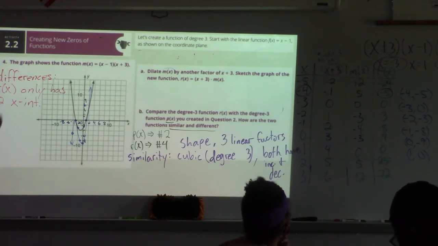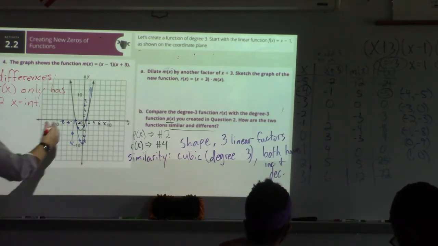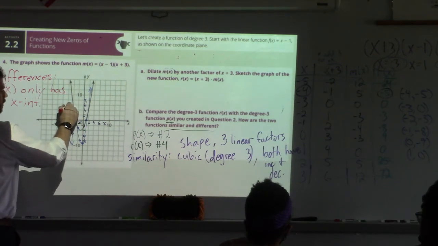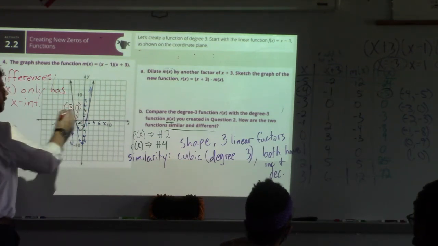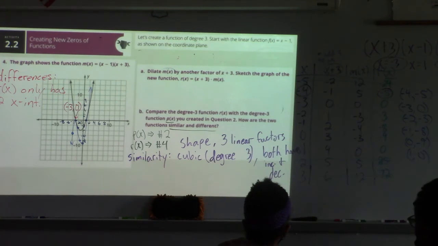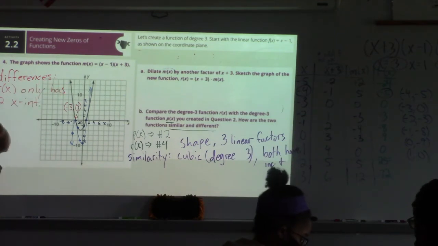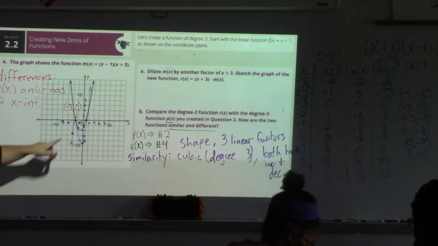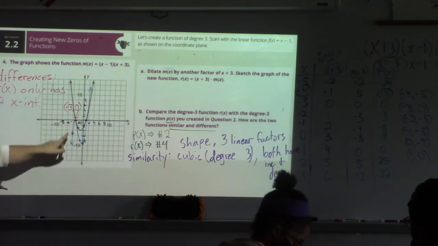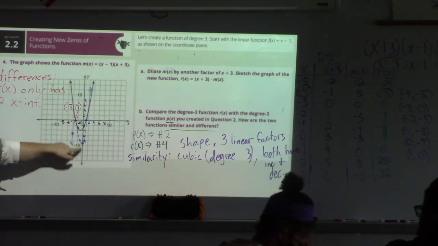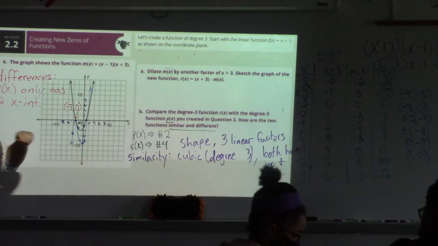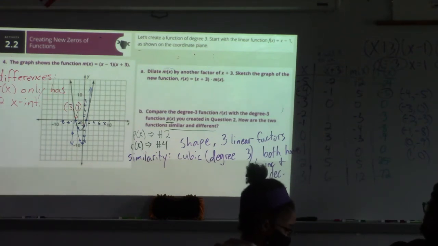I want to point this out. So that's negative 3 comma 0, right? So you see how that has that one x-intercept as zeros, it shows up how many times? Twice. If a 0 shows up twice, you're not going to go through the x-axis. It's going to touch the x-axis and go back away. That's something to notice here, and we'll see more and more of this as we look at future lessons.